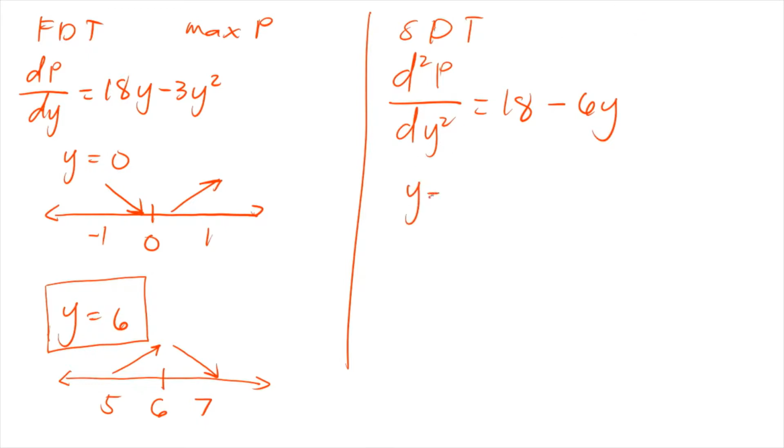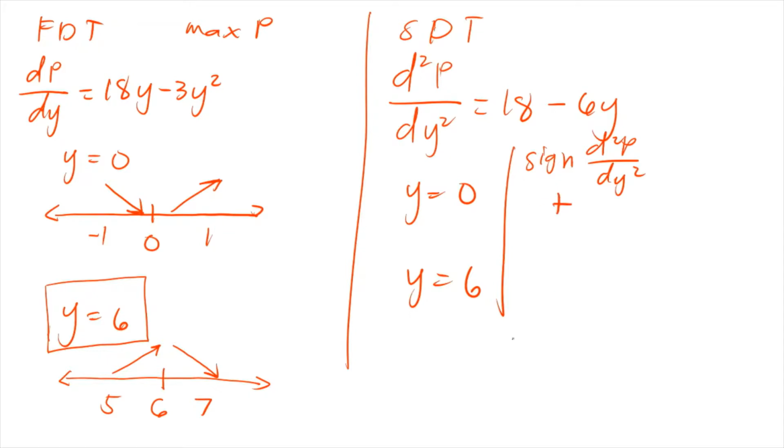And then we plug in the two critical values, y equals 0 and y equals 6, and check for the sign of the second derivative, right? So if we plug in 0 to the second derivative, we get a positive value. If we plug in 6, we get a negative value.